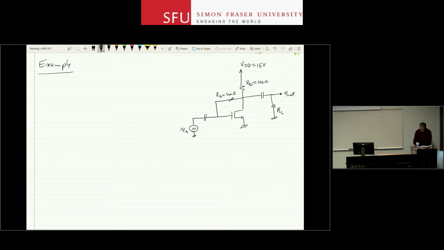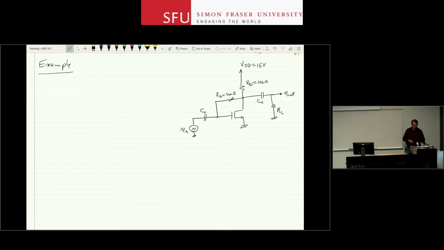A resistor is connected between drain and gate of this transistor. I have an RD of 10 kilo ohm and RG of 10 mega ohm. You see two coupling capacitors here. We discussed the role of these coupling capacitors before. What they do for me in these kinds of applications is that they separate the DC operating points of different parts of the circuit from each other. So what you have in here for the transistor has some DC values for those nodes, and then let's say Vin has 0 DC.